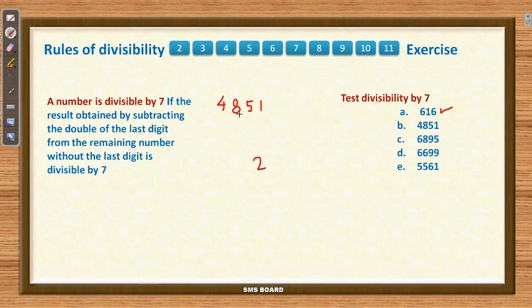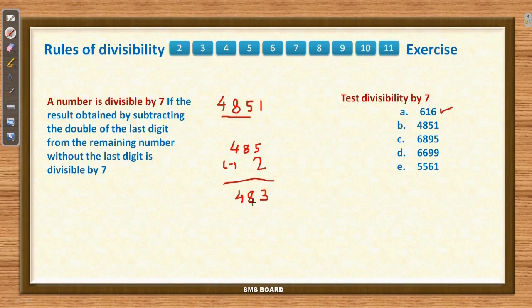Now subtract it from the remaining number without the last digit, that is 485. So you will subtract: 5 minus 2 is 3, 8, 4. So this is 483. If this is divisible by 7, then the number is divisible by 7.